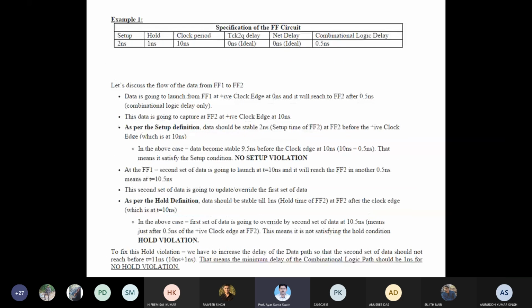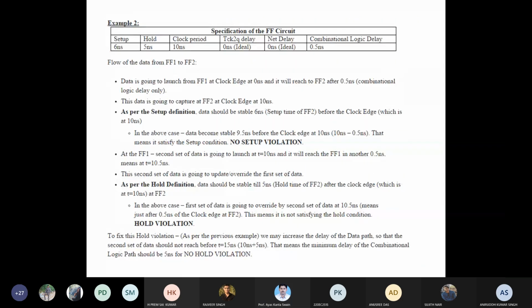In the earlier case, there was no setup violation, but a hold violation. If you increase it, then setup violation was coming. So now you see what happens. Here your setup is 6, so that means after 10 minus 6, at 4 nanosecond, you must have the data arrived.